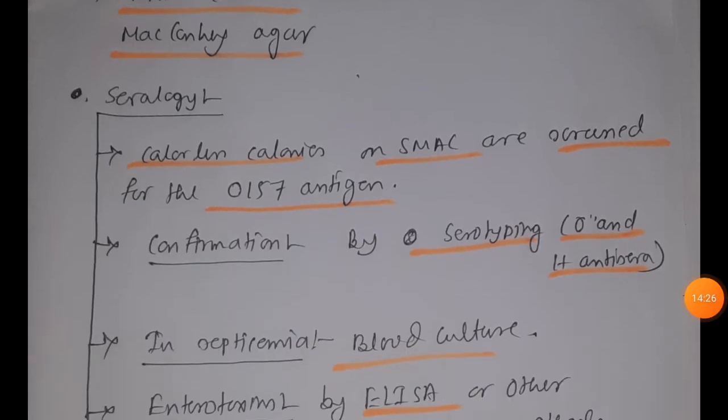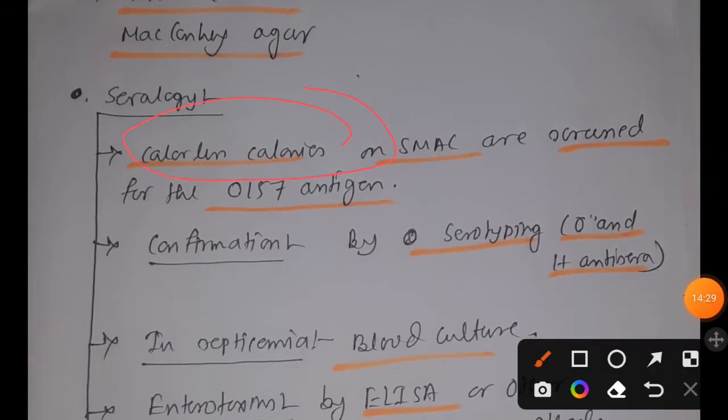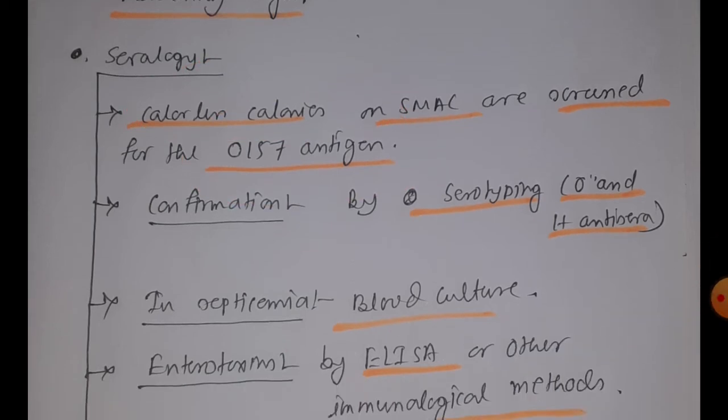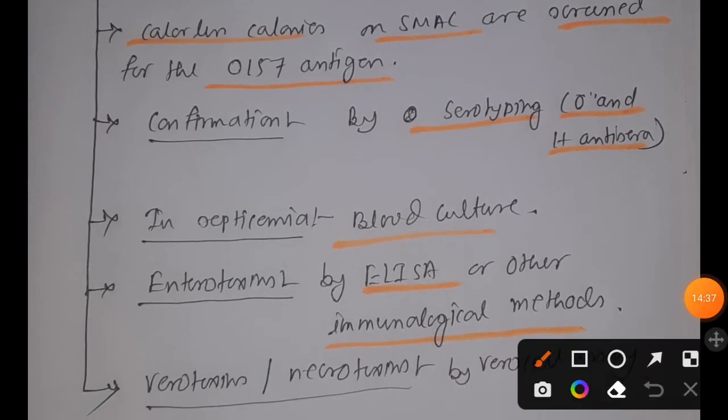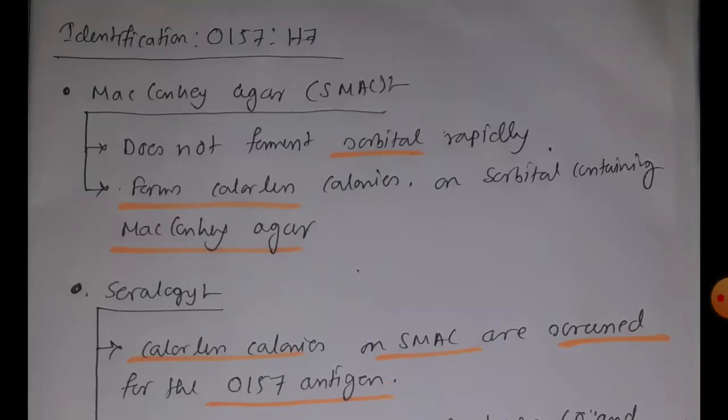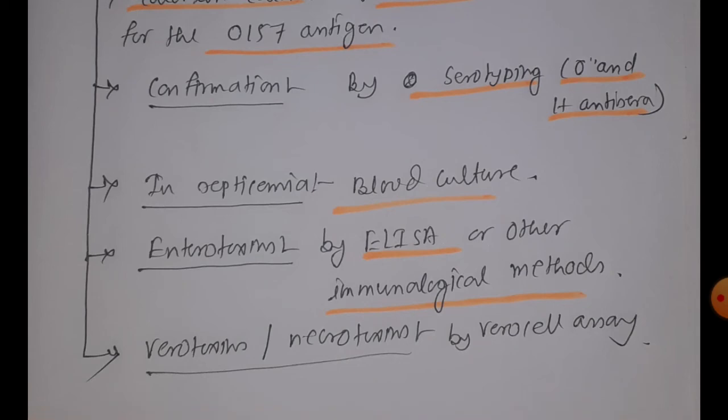Okay, and then those colorless colonies can be screened for O157 antigen. You can do this by the normal screening techniques that are available, and serotyping can also be done for the O and H antisera. We will not apply K here because we know that the serotype here is E. coli O157:H7, so we will look for O and H antigen, right?